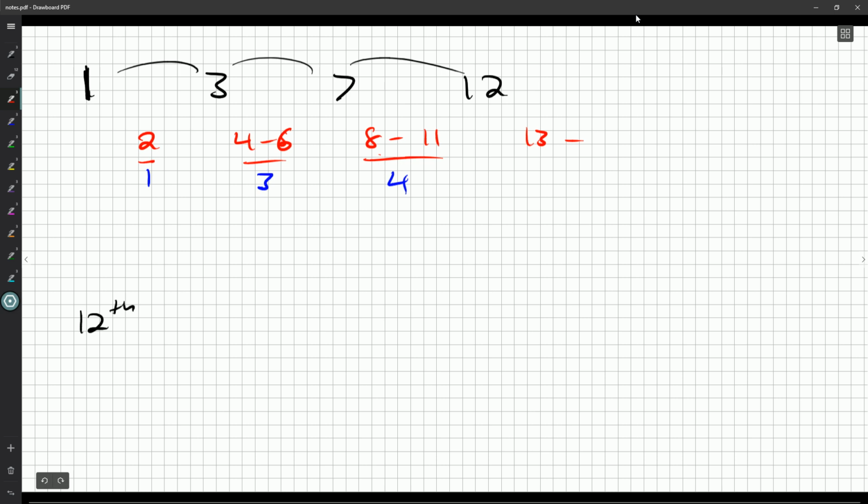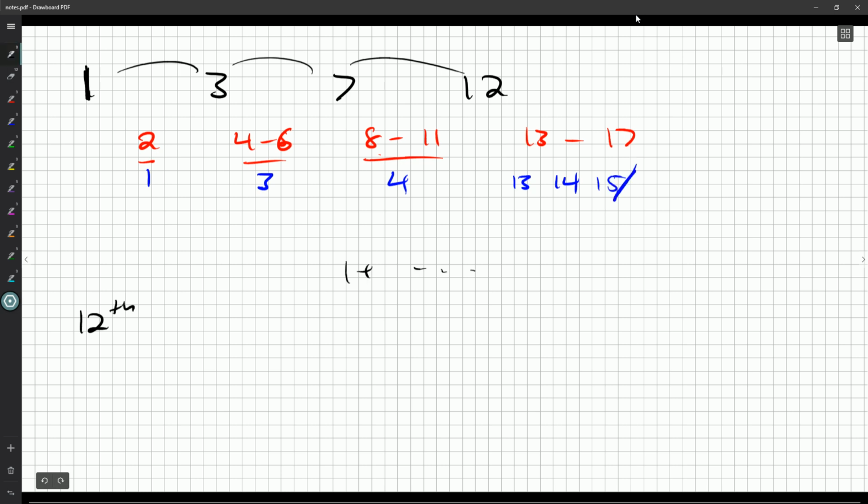So we'll go 13 up to, it should be up to 17, but we don't need all of those. So we need the 13, because that's going to be the 8 plus, so that'll give me the 10th one. 14 will give me the 11th, and 15. So if we add up to 15, we'll be fine.